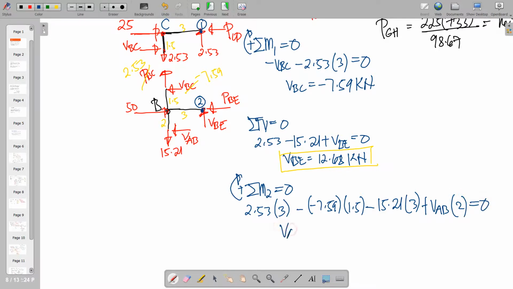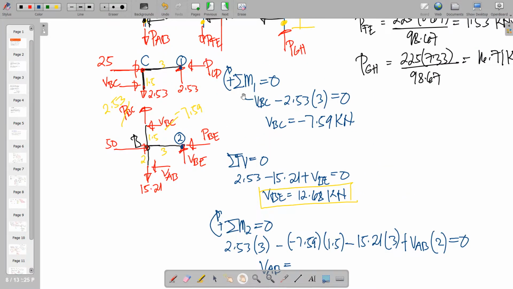So VAB is equal to, by the way, we have forgotten the moment arm of BC, 1.5. Perhaps we can revise this. So we have 5.06 kilonewton for VBC.